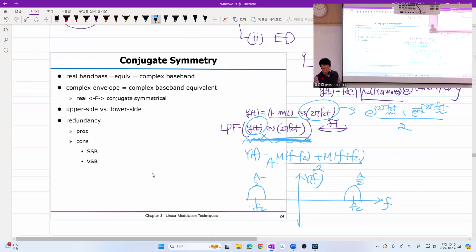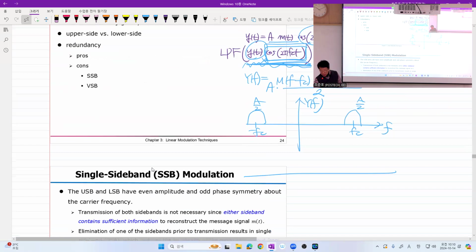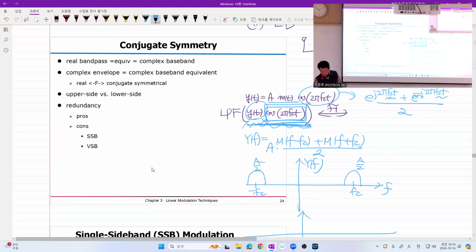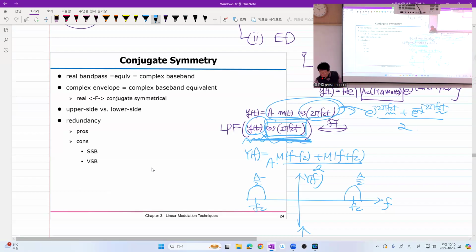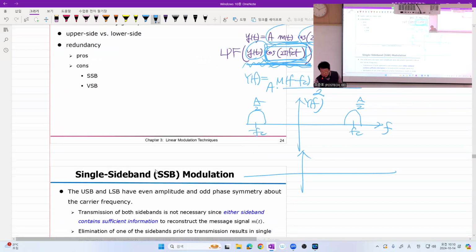Not Y, sorry. And then you multiply cosine. So what happens? I'm sorry, this is that one, right? And you multiply cosine again. So what you have is that this entire thing is shifted again. So you have A over 4, right?